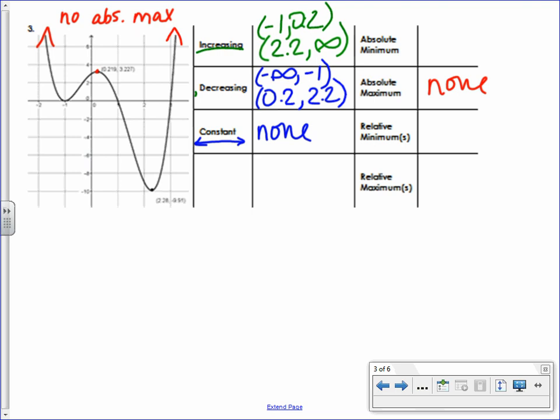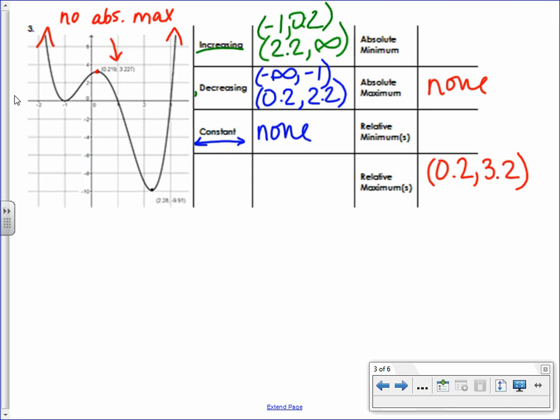I'm going to say that my relative maximum is at this point right here, and as best as I can tell, it looks like it says about 0.2 and then about 3.2. But you'll have the exact numbers on your page.